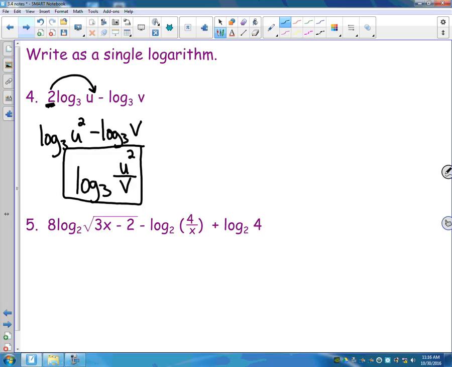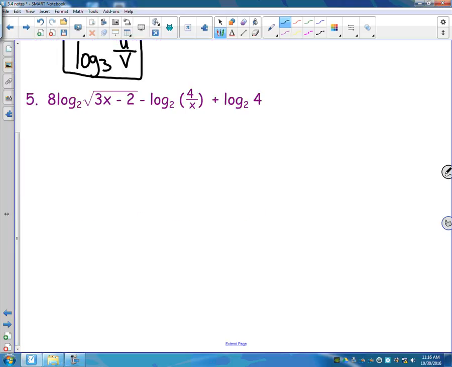So then I kind of went crazy on this one. Step 1, I'm going to put this 8 back in as the exponent. So I'm going to say log base 2 of the square root of (3x minus 2) all to the 8th power. And I'll just rewrite the rest of this.